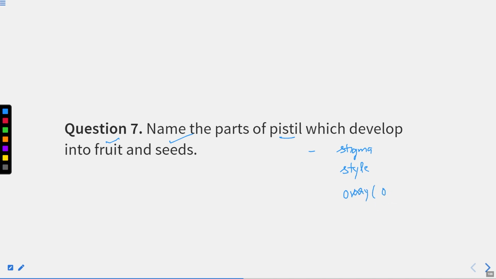Ovule. Now you already know, the ovary develops into the fruit. So the ovary after fertilization develops into fruit, and the ovule after fertilization develops into seeds.